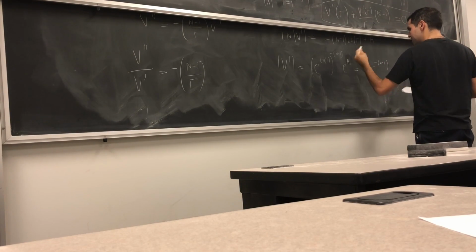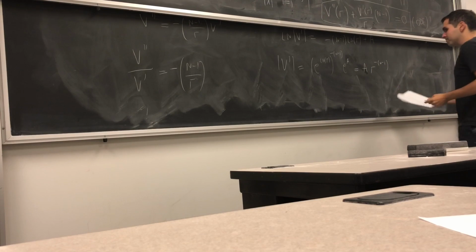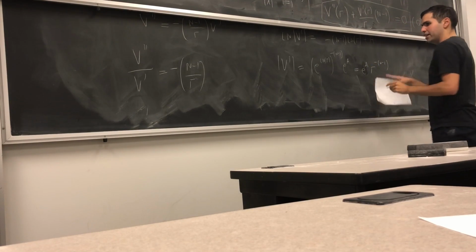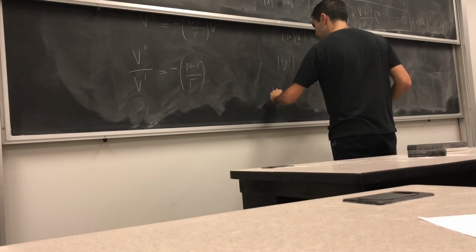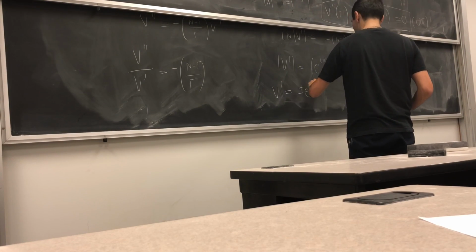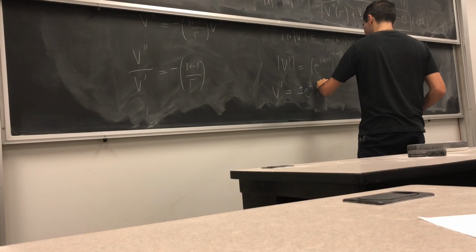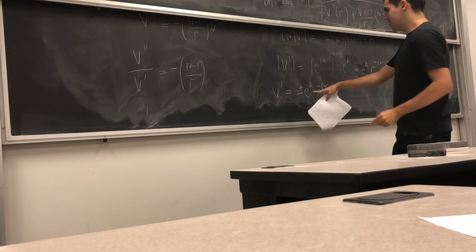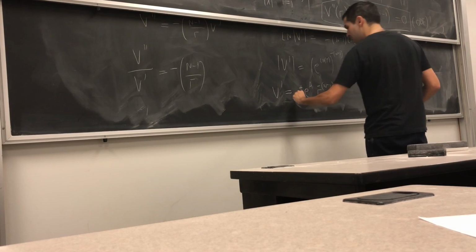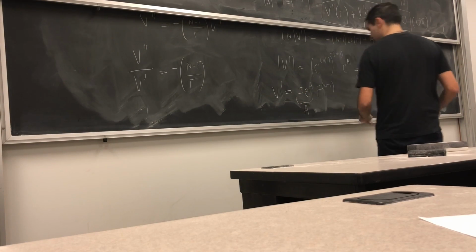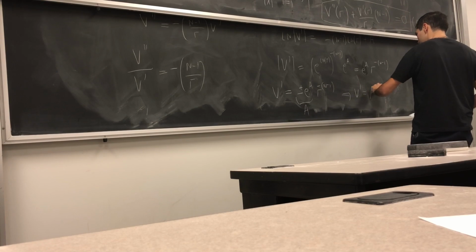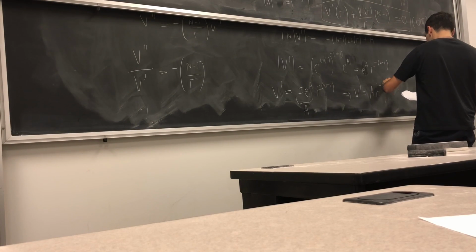So instead of writing e to the a, let's just write a. So v prime equals plus or minus e to the a times r to the minus n minus 1, and a is a generic constant, so plus or minus e to the a becomes another generic constant. Let's call it a: v prime equals a r to the minus n minus 1.